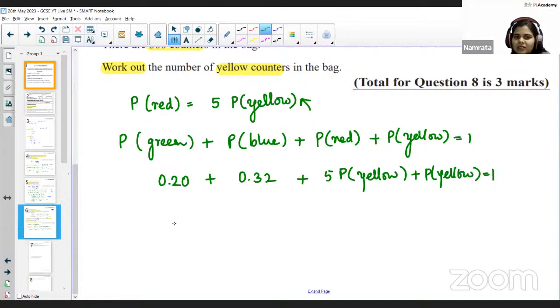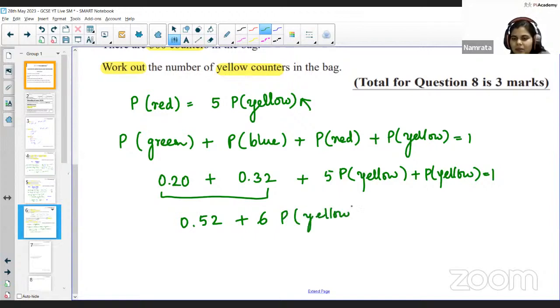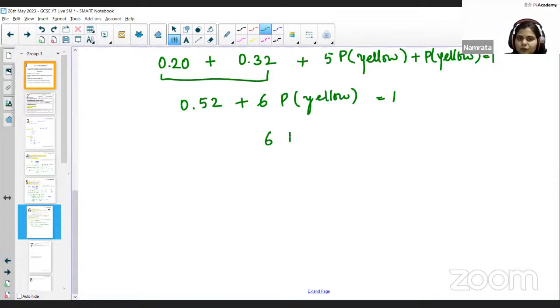So now if we add this up, this part will be 0.52 plus 6 probability of yellow. I hope you're clear with this part. Any doubts? Okay, great. So now we are moving on to the next step, wherein we'll be shifting 0.52 to the other side. So that becomes 1 minus 0.52, which is 0.48.